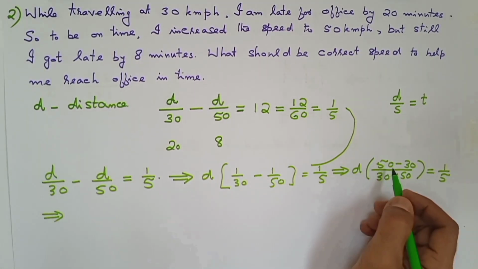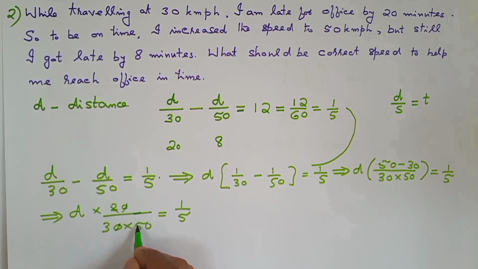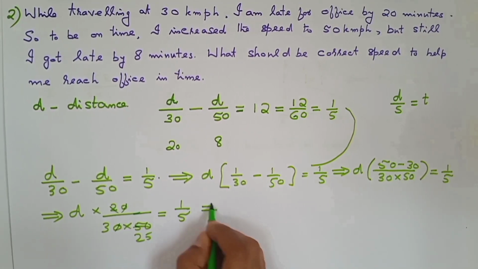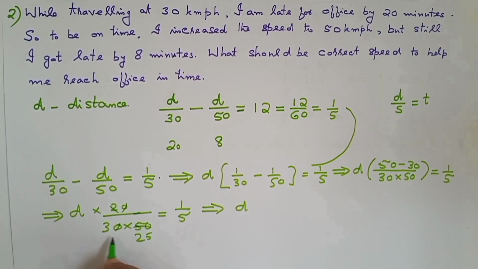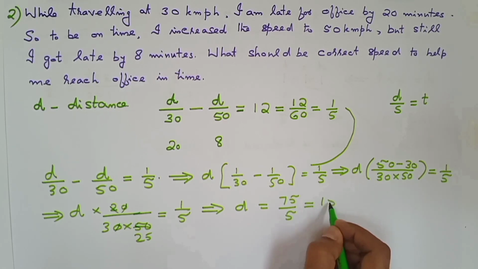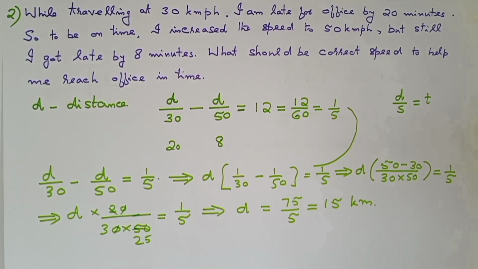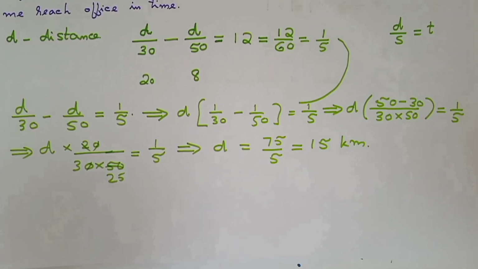You can cut it like this. 25. So you have 3 into 25, 75, that will go out. So 15 kilometers. So we have solved the distance between the office and home, which is 15 kilometers.